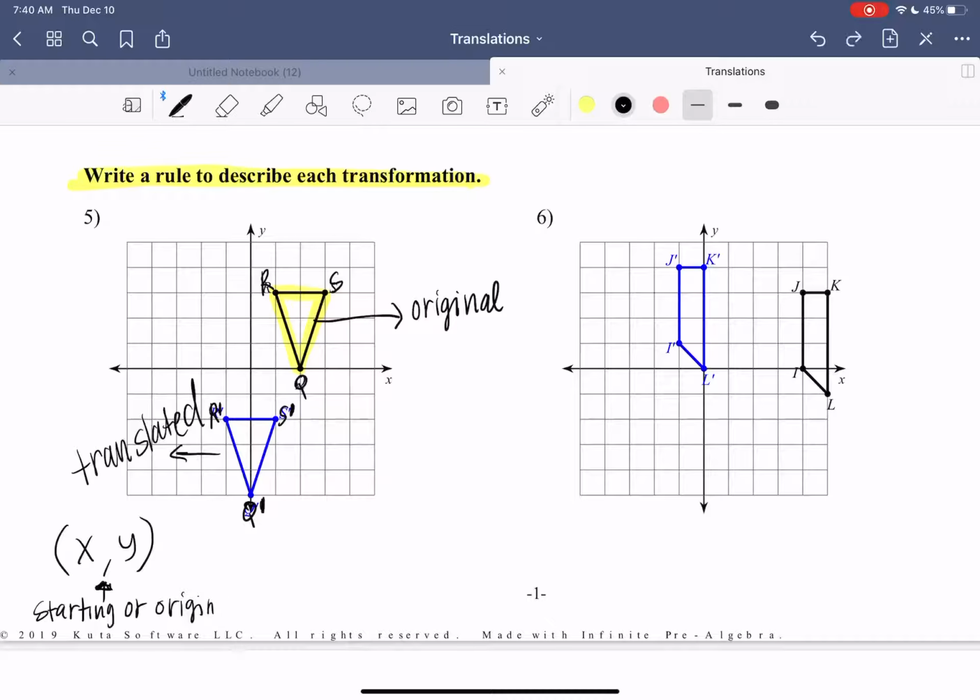And just like arrows direct things to places, like arrows on the roads or arrows leading you to different buildings, this arrow that I'm drawing is telling us we don't want to stay at this original. We want to translate it, move it to a new location.